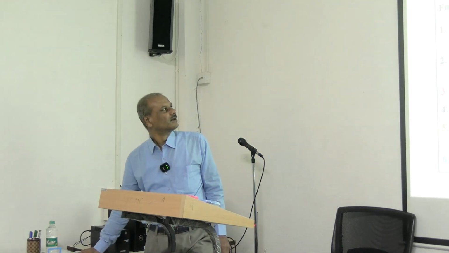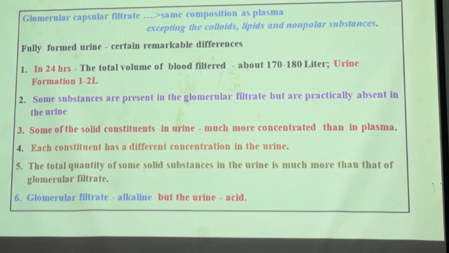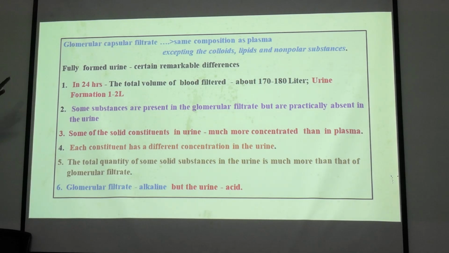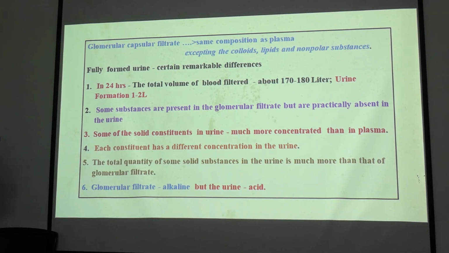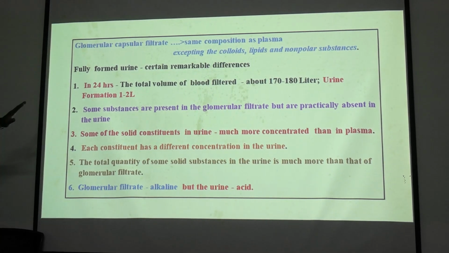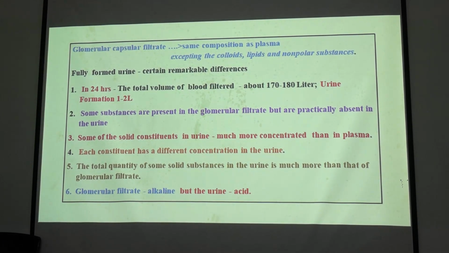So now note down this thing. The glomerular capsular filtrate, that capsule, that structure, has the same composition as plasma. What I told, these are now in writing. It contains all, except colloids. Colloids are very large molecules. They are retained. They cannot be filtered.